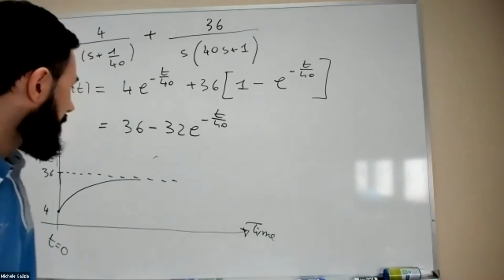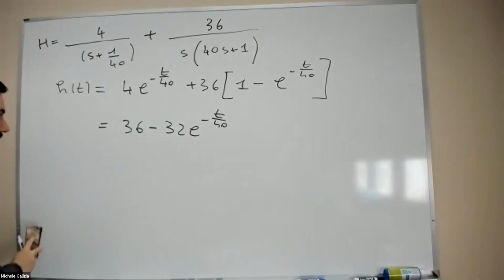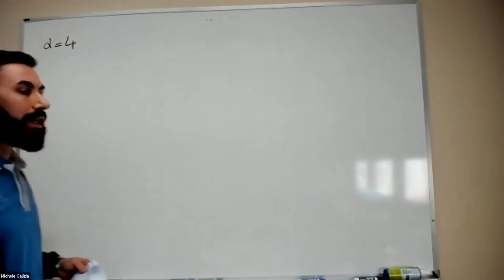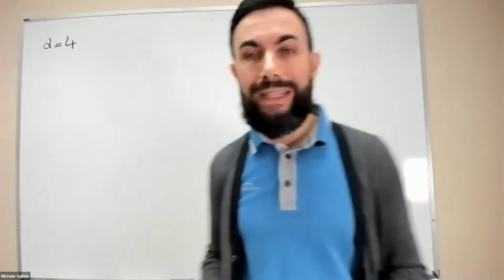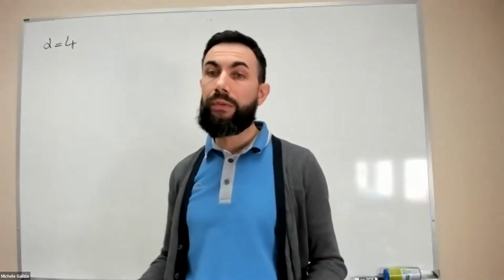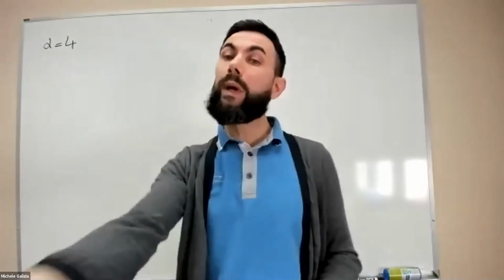What if we solve the same problem with different numbers? For example, if alpha is equal to 4, all the other parameters being the same. From a physical point of view, this means that we are withdrawing much more liquid.